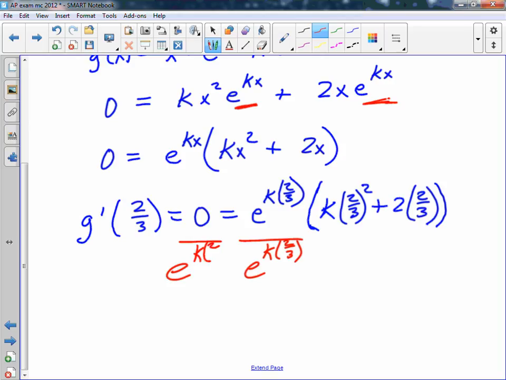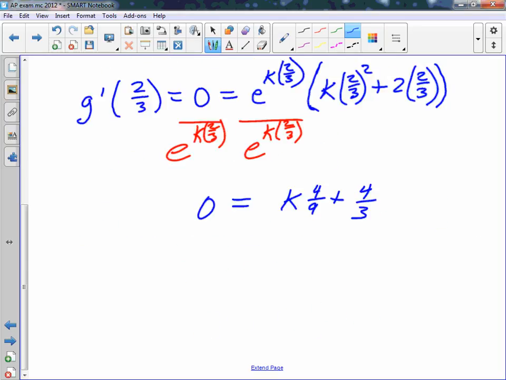And then I always feel kind of guilty for doing that, but it works. I feel like I'm cheating. 0 equals k times 4/9 plus 4/3, right? And then I can get negative 4/3 equals k times 4/9.